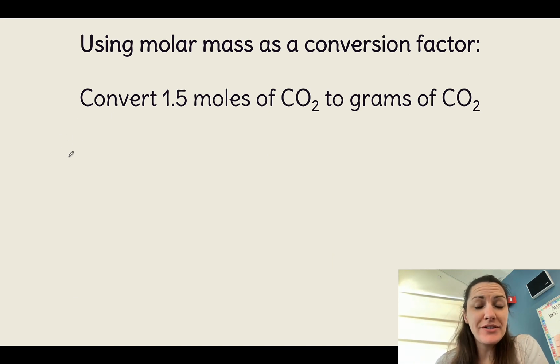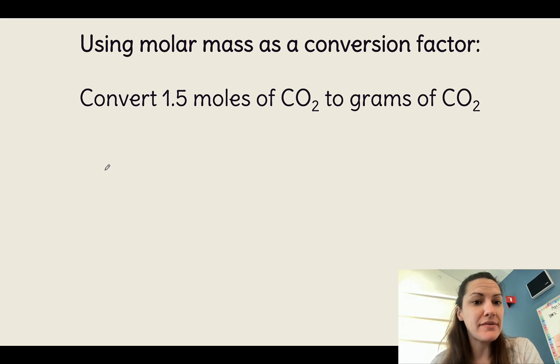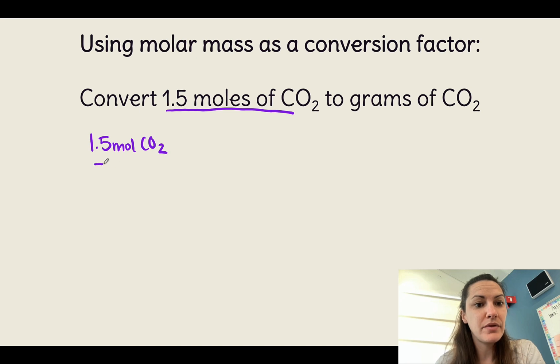So now we're going to do an example of how to use molar mass as a conversion factor. This example says convert 1.5 moles of CO2 to grams of CO2. So we're going to set up some dimensional analysis, starting by taking our given information, which is moles of CO2, and putting it over 1. So we go 1.5 mole CO2 over 1.